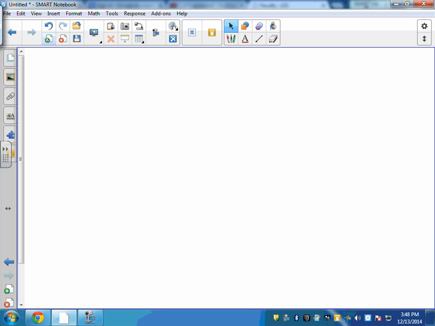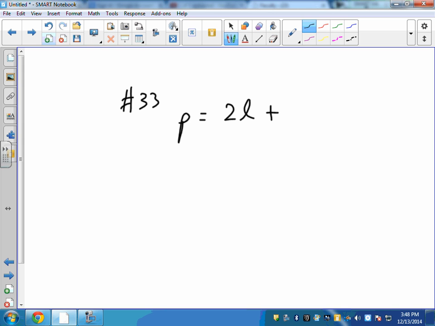And the last one, this is problem number 33. So we have P again, 2L plus 2W. Now we think about all our geometry stuff that we know. P is again perimeter. Perimeter of what? Let's get a little picture going.